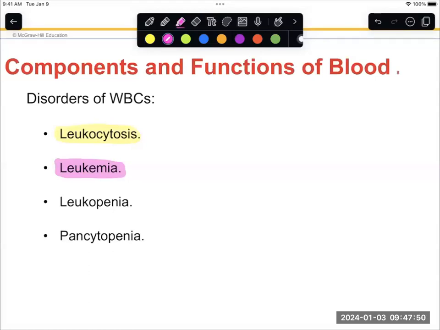There's myeloid leukemia, which is uncontrolled production of those granulocytes specifically. Lymphoid leukemia is uncontrolled production of those lymphocytes. So again, we're looking at specific white blood cells that are being overproduced.